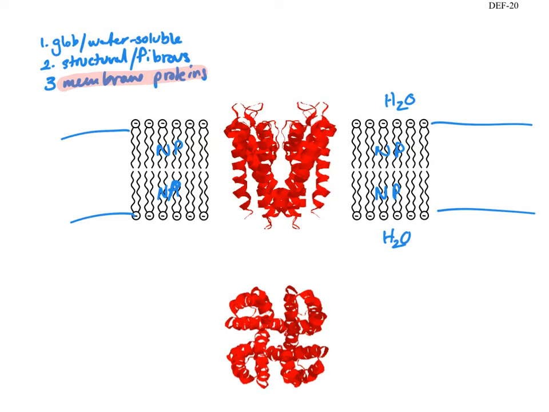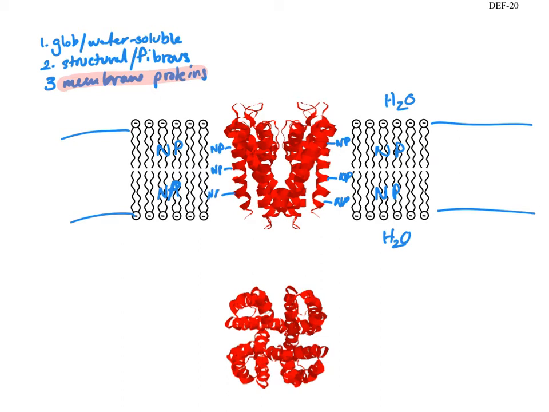When we have a membrane protein like the one we have shown here in red, the outside, at least what is facing the membranes, is going to be nonpolar. Remember, those are alpha helices, and they have side chains radiating out from them.